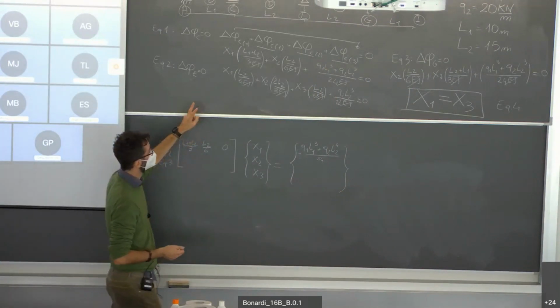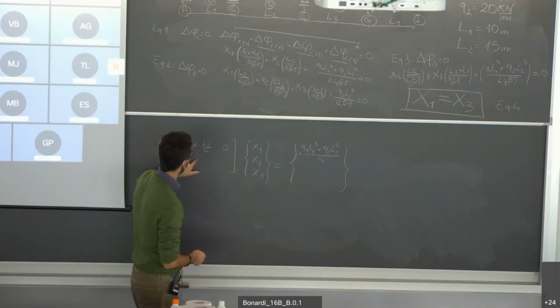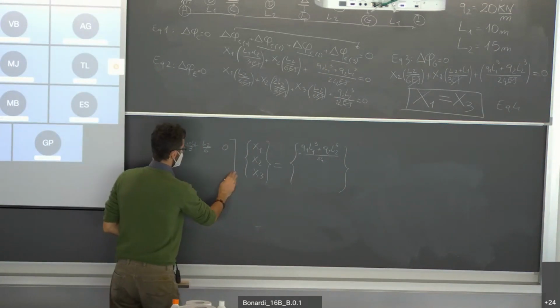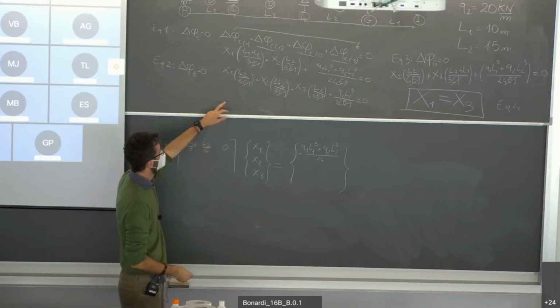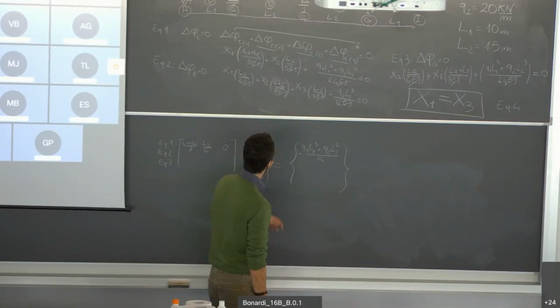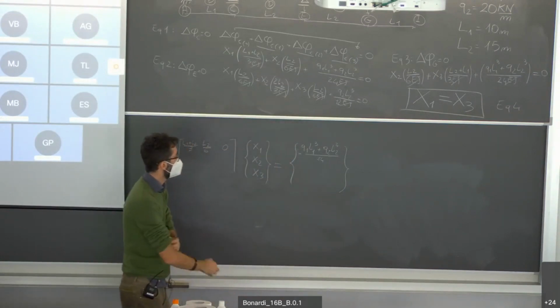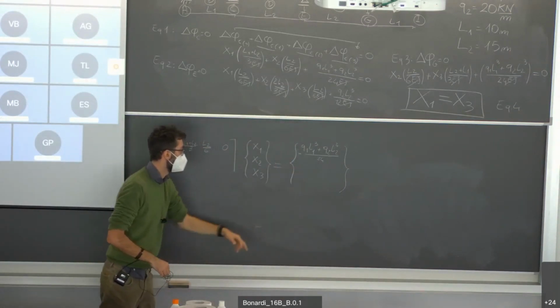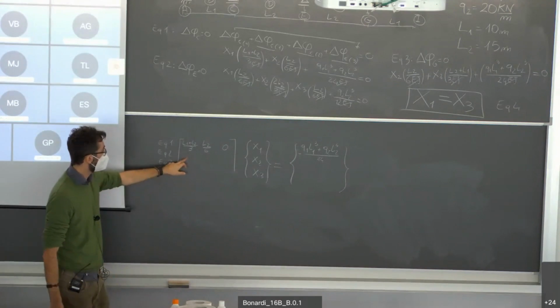Okay, we can do the second one. So we write this equation in this form, and this time you will help me, and you will tell me how much is the first coefficient, how much are the coefficients of this matrix and the known term. So in the first column, what do I have to write?